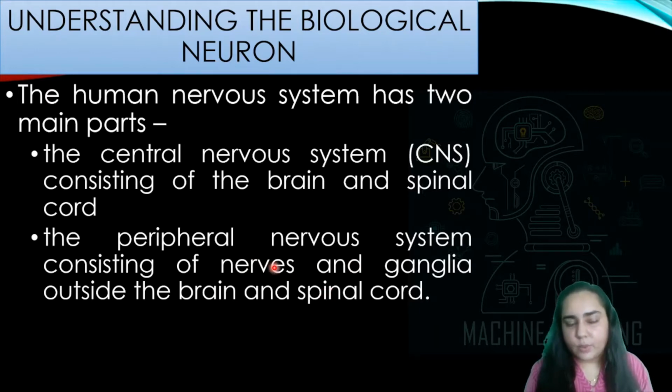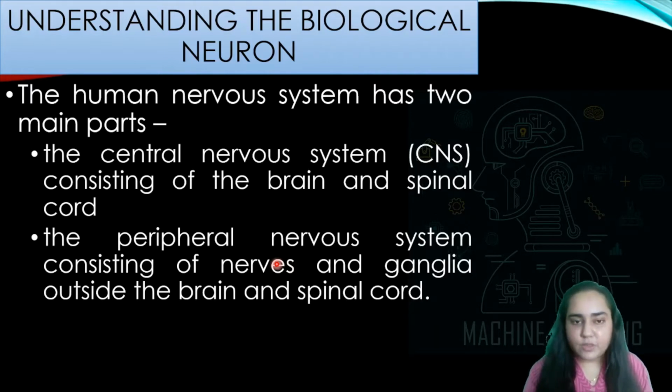So whenever there is anything happening in your body, if there is pain in your hand, you feel the pain because you have nerves in your hand which are getting affected, and that signal is being sent to your brain, which is why you feel the pain, because your brain tells you it is painful. So that's how we have a nervous system.